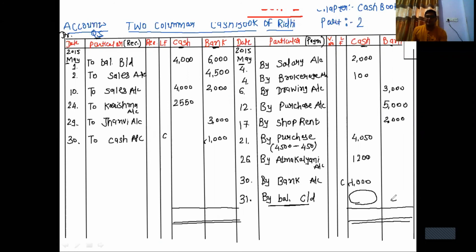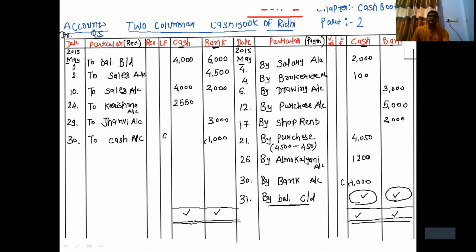Here is the difference, and again here is the difference. So we have to do a total of all this, and the difference is the balance, which we call by balance carried down. Okay, this is the closing balance for the month of May.